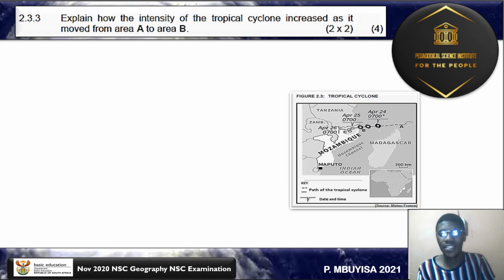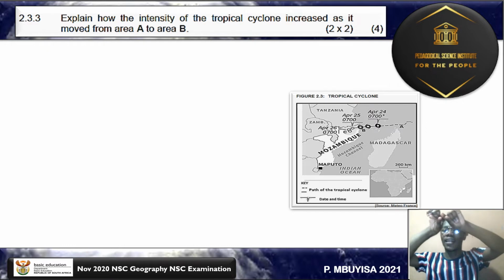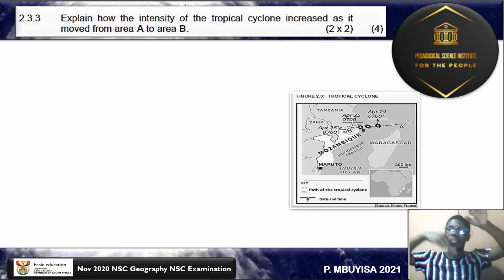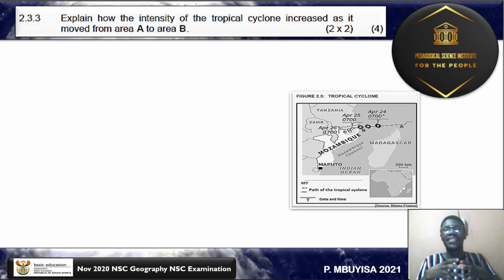And as its temperatures are increasing rapidly, we say that we have the conversion of air that goes to the atmosphere, and as it goes up to the atmosphere, it cools down, right? And when it has cooled down, it diverges, because cold air diverges, and at the center of the system we have air starting to enter into the system. So we have the intense low pressure forming at the center of the cyclone, and as a result, the intensity of the tropical cyclone as it moves from area A to B will increase.